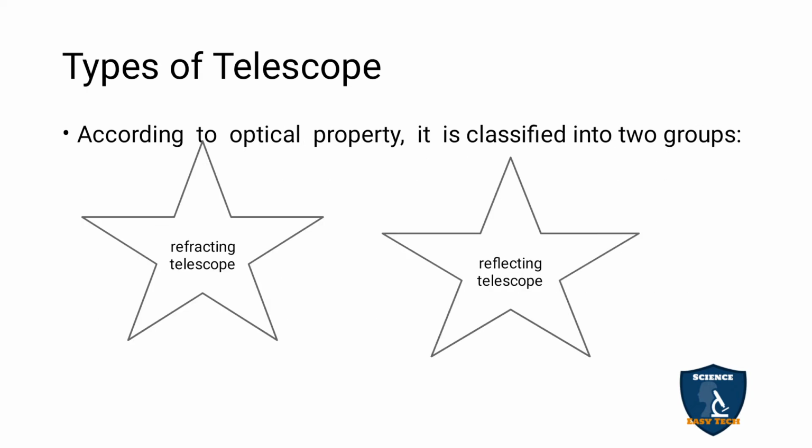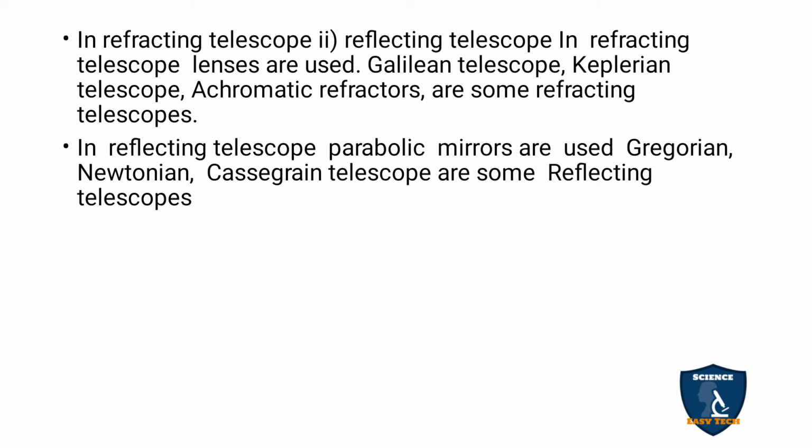Types of telescope. According to the optical property, that is, the viewing property, telescopes are classified into two groups: refracting and reflecting telescopes. In a refracting telescope, lenses are used.